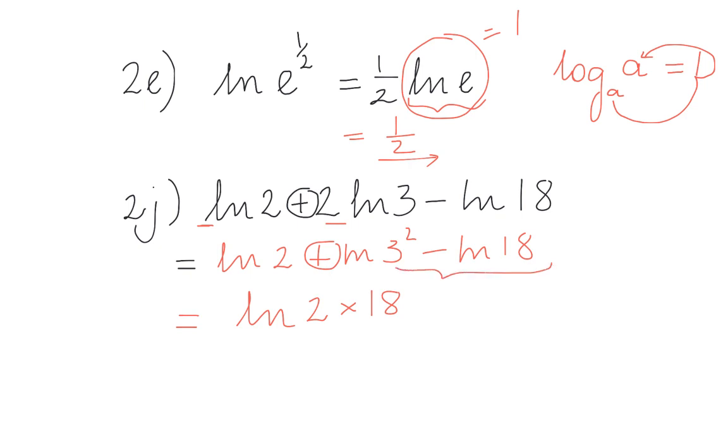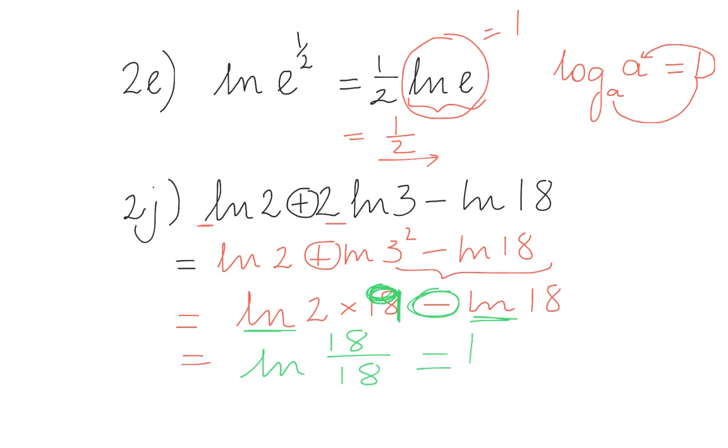Looking at the next one, we are now looking at the subtraction of 2 logs with the same base, which will be a single log of the division of the 2 values, which is ln of 1.